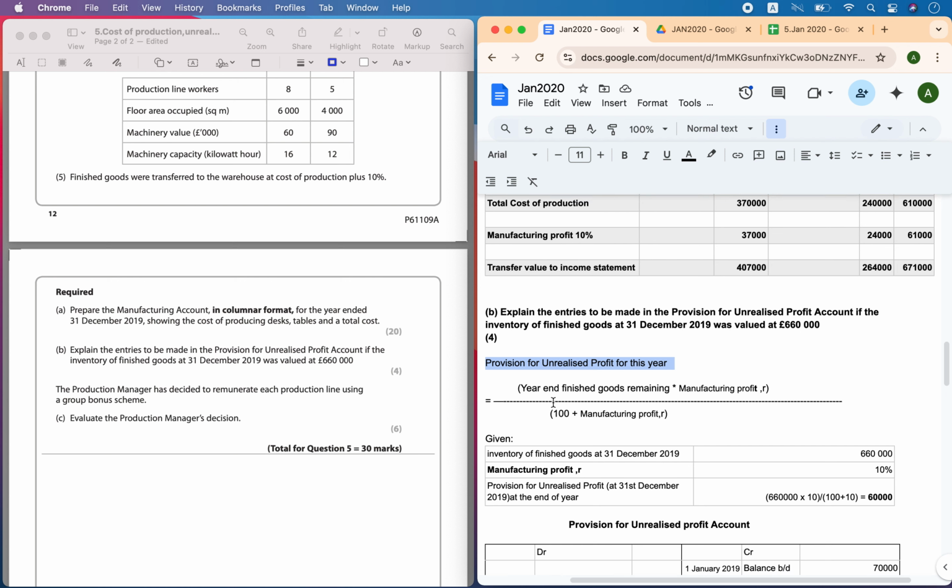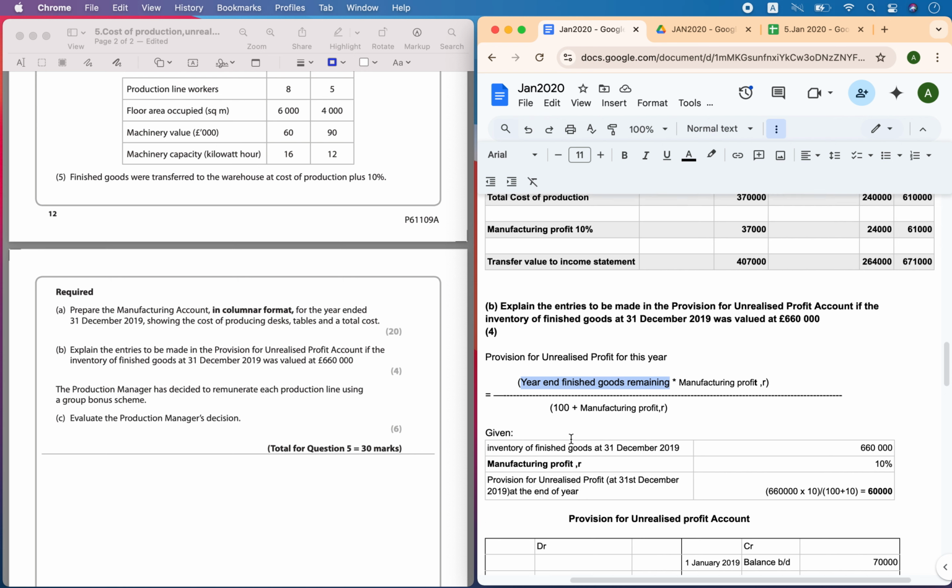You will use this formula to calculate the provision to be made for unrealized profit for this year. It's going to be the year end finished inventory remaining, times the manufacturing profit which the business had decided, divided by 100 plus manufacturing profit.